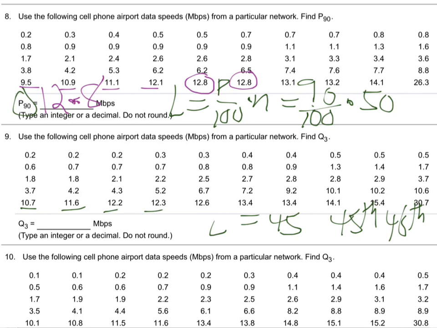So when you calculate your L, P over 100 times N, 90 over 100 times 50, it came out 45. You get a whole number, so you take the number in that spot and the next spot. Take those two numbers, add them and divide by 2. In this case, it's just going to be 12.8, because it's the same number twice.